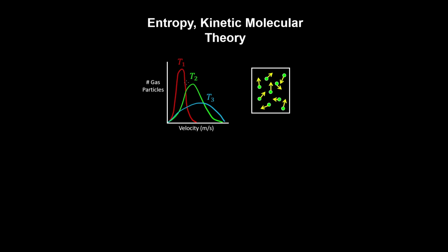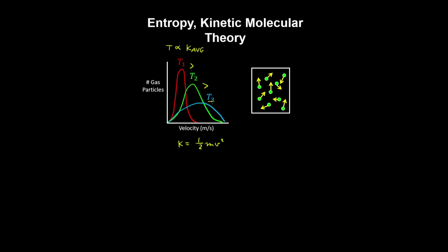Suppose we have the following distributions of gas particle velocities with an increasing temperature. And recall that the temperature is proportional to the average kinetic energy of the system, and the kinetic energy of a gas particle was 1/2 times the mass times the speed squared.